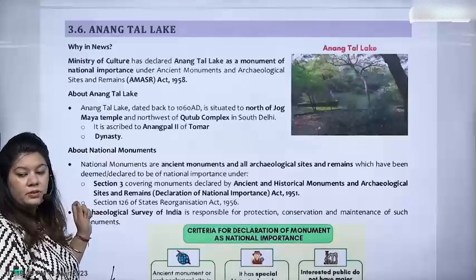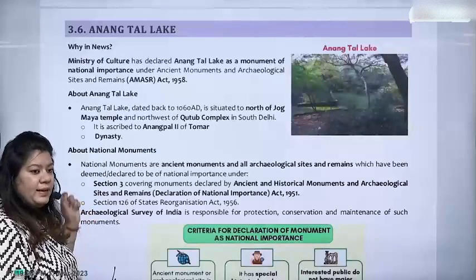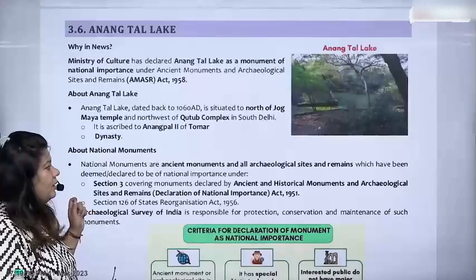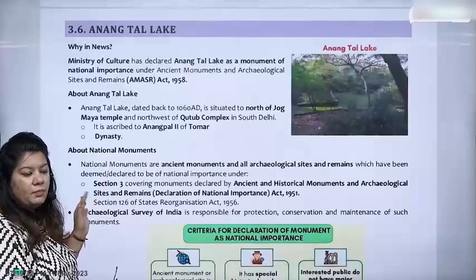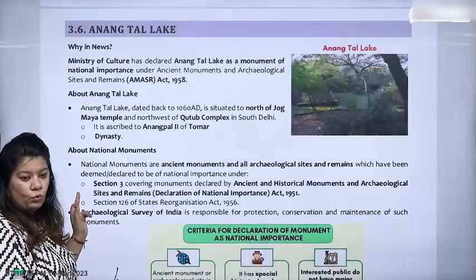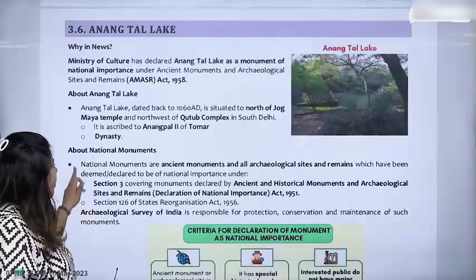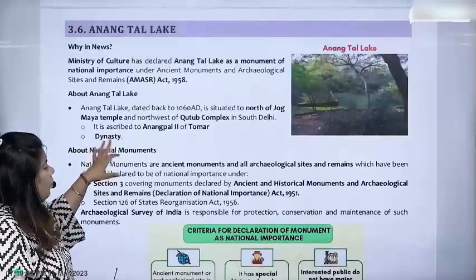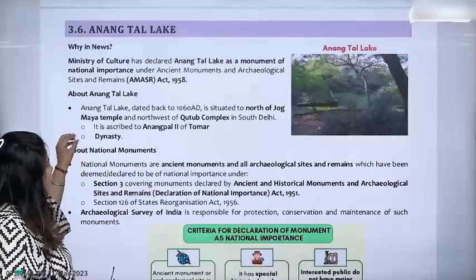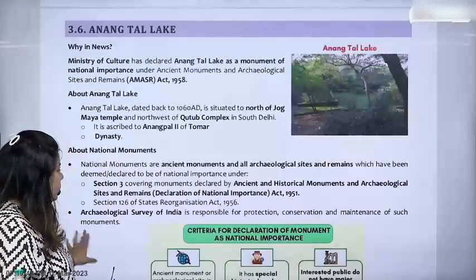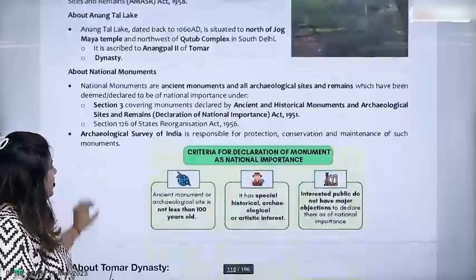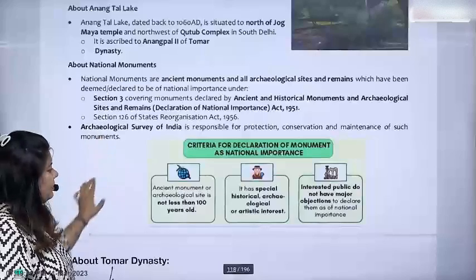It was built during the Tomar dynasty, right? The king's name was Anangpal II. Okay? So Anangpal II of the Tomar dynasty built it, or it has been ascribed to Anangpal II. Okay? This we have already done in the previous class.